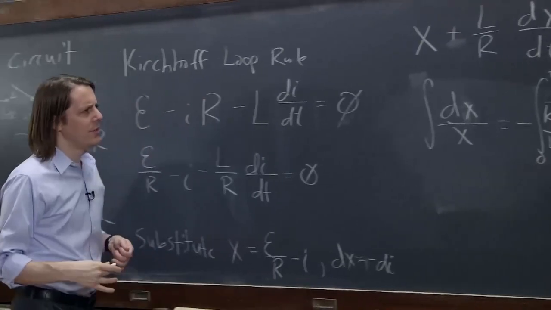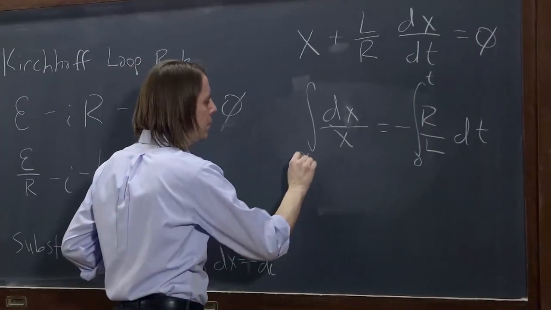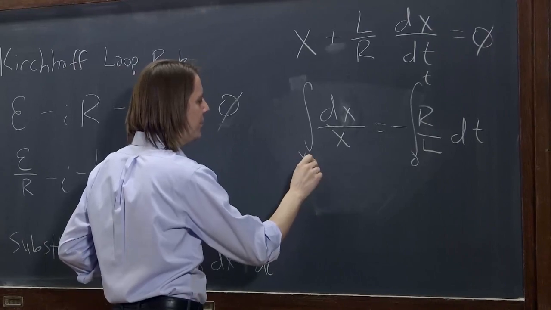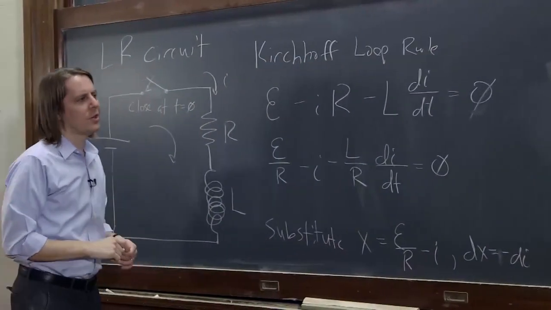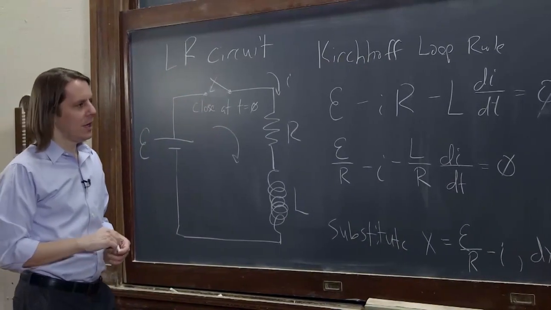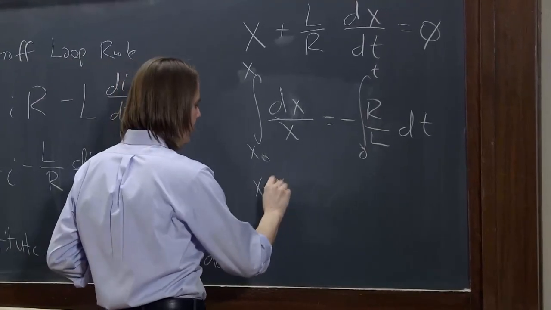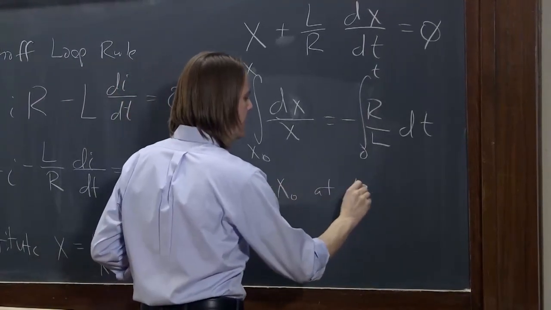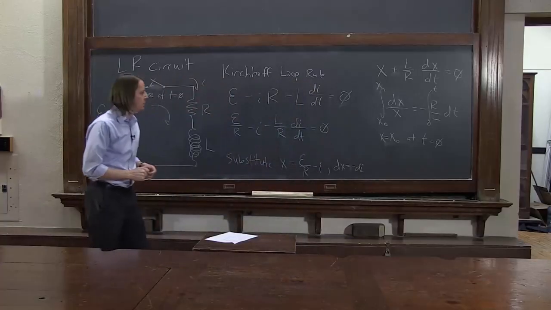And we know that x, whatever this x is, it's going to start at x naught, and we're trying to see what happens when it goes to x. So we set up that integral very similar to the capacitance equations. And these are the boundary conditions assuming x equals x naught at t equals 0. So now we just need to integrate.